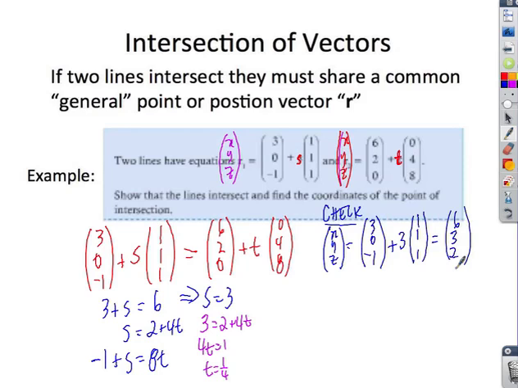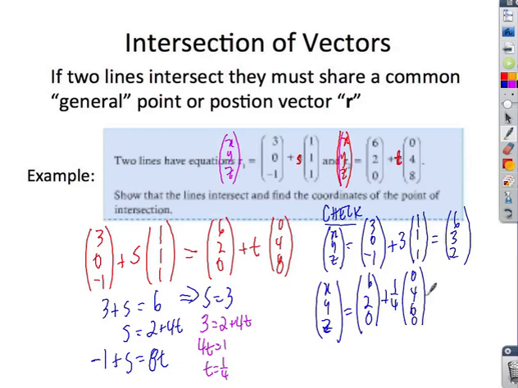Do the same thing for the second line. Again, it's going to be x, y, z as well. Again, its first position vector is 6, 2, 0. And now we're going to go plus 1/4 of 0, 4, 8. And now when you add these components up, we have 6 plus 1/4 times 0, that's 6. 2 plus 1/4 times 4, well 2 plus 1, that's 3. And 0 plus 1/4 times 8, which is 2.